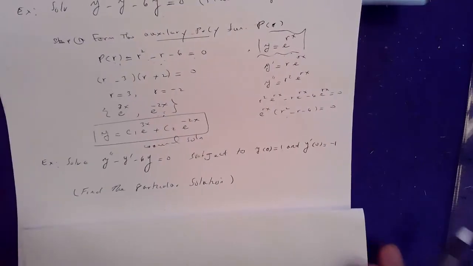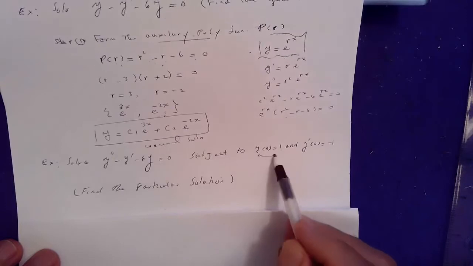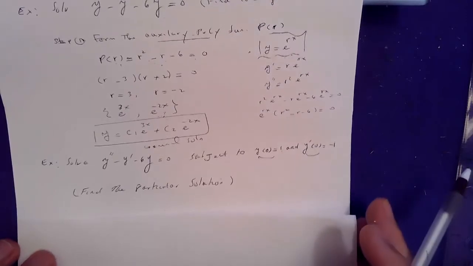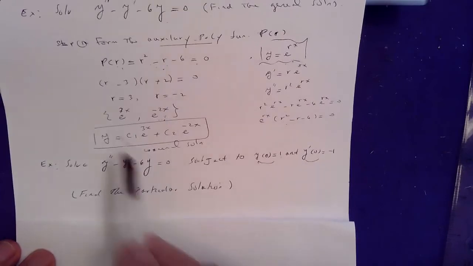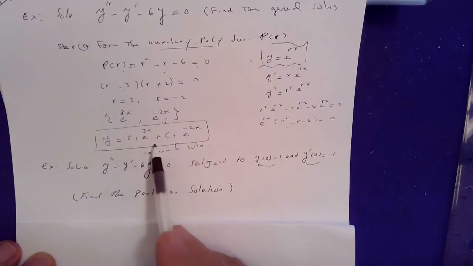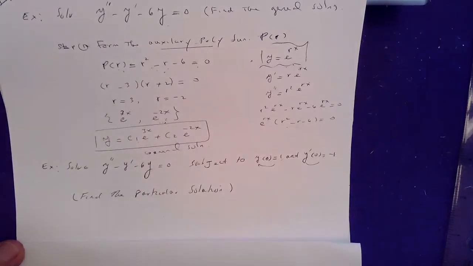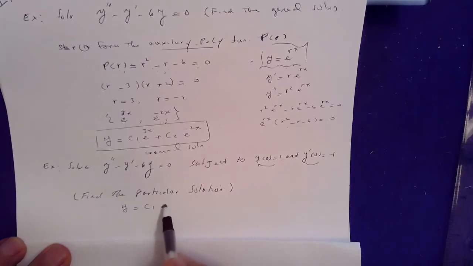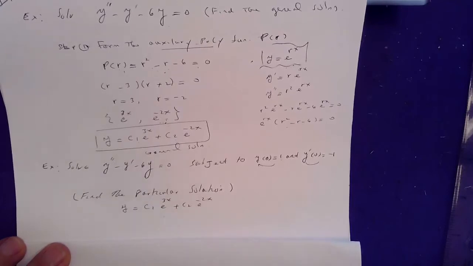Sometimes they want you to solve the equation subject to some initial conditions. When they give you initial conditions, incidentally, the number of conditions also depends on the order. That means they want you to find C1, C2, correct? So we decided the general solution is C1 e to the 3x plus C2 e to the -2x.